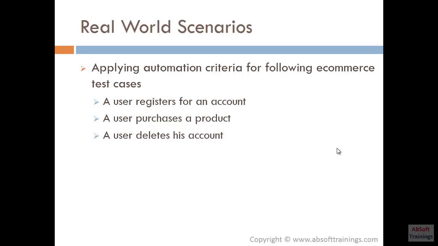Normally before making a purchase, every user needs an account, so definitely go for automation. A user purchases a product, definitely go for automation, because that's the e-commerce web application. The main purpose is selling the products, so a user purchases a product, that is definitely a must for automation.